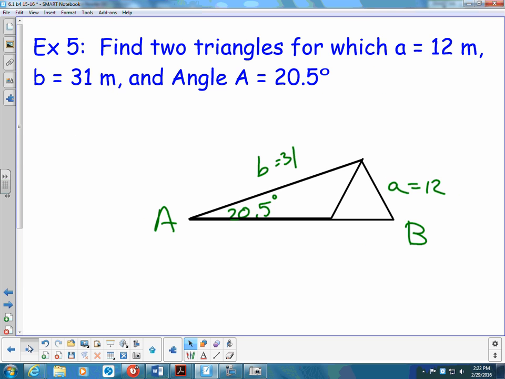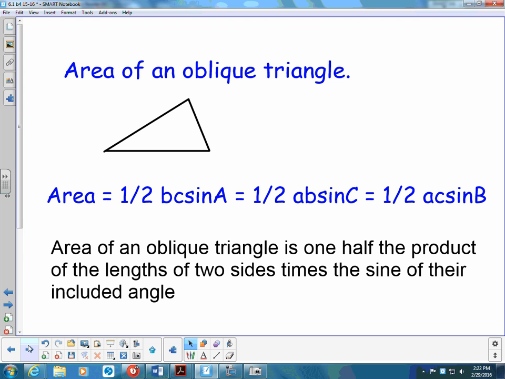We talked about these. Okay, area of an oblique triangle. So now we're talking about how do we find the area of an oblique triangle, a triangle that's not a right triangle. Let's say that's the height.